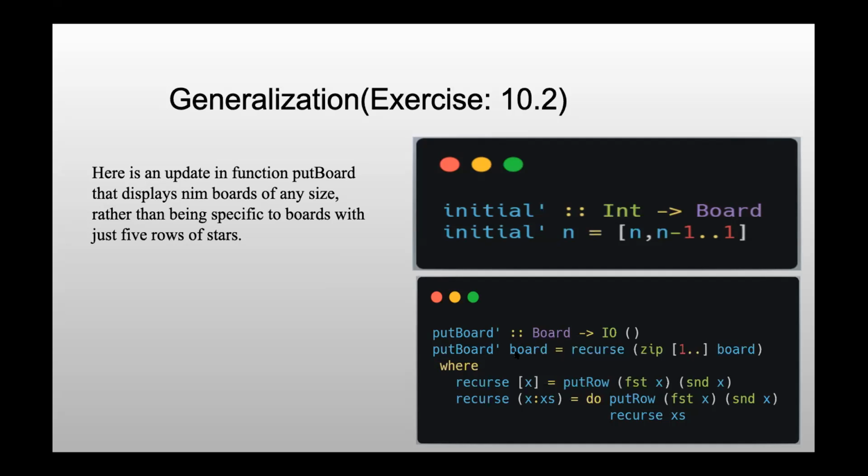So this board is not fixed length of 5, it can be more than that. So first we zip the board with 1 to that. For example, I'll show on the code only, what we are doing.